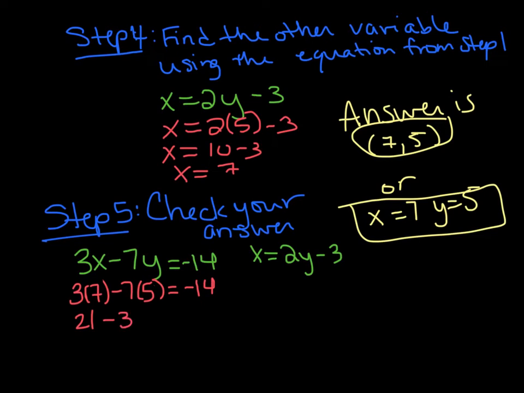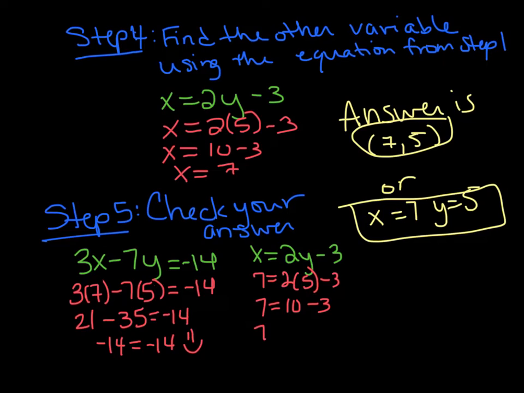That gives me 21 minus 35 equals negative 14, and I will actually get a true statement there. So I'm good for that one. Just to be safe, I'm going to check the other one. So in that one, I get 7 equals 10 minus 3. I know that that's true, so I am good. I know that one's right.